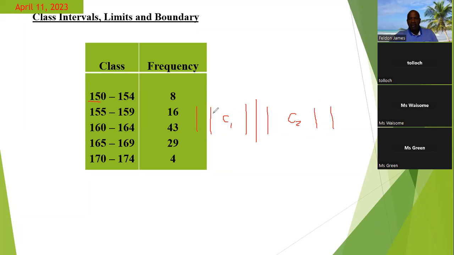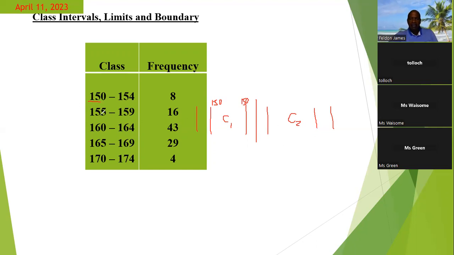So all of this is your class. And this class starts from 150 and ends at 154. But remember, these are the limits. So the limit would fall where? The wall, where you meet the wall.